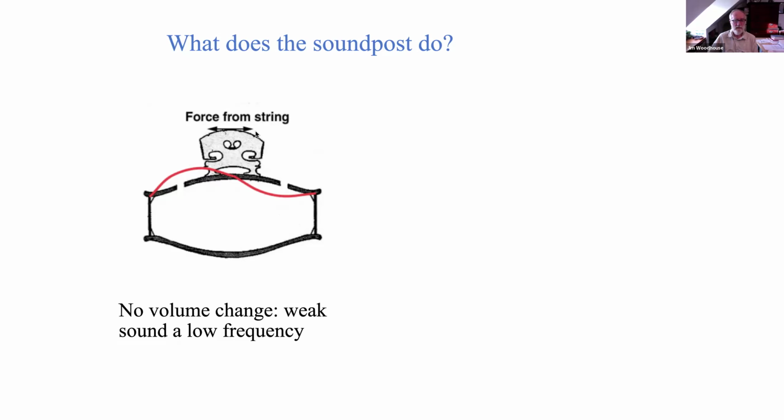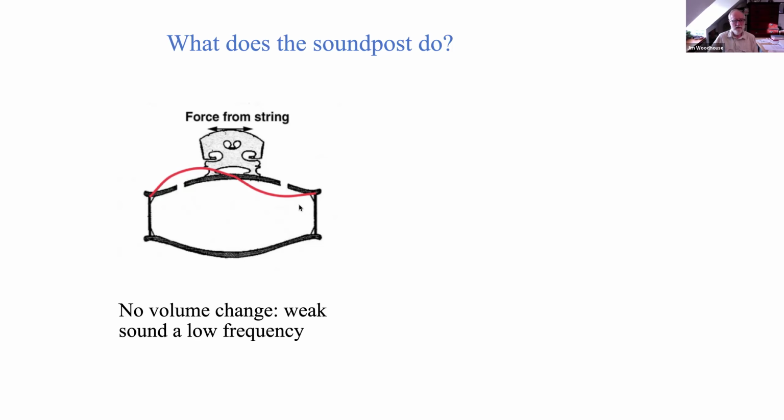And so it pushes down on one foot and up on the other pretty much equally. And in schematic cartoon form, you might think that the top would then vibrate in the kind of way that's shown in this red line, which is exactly as much up on one side as it is down on the other side. So there is no net change of volume.